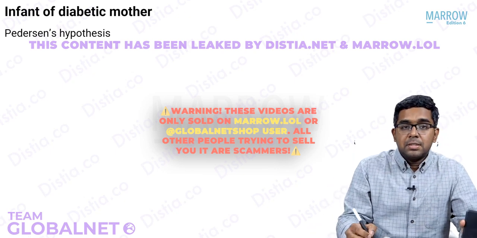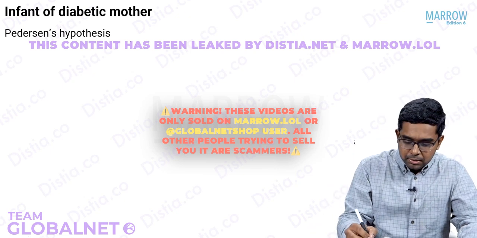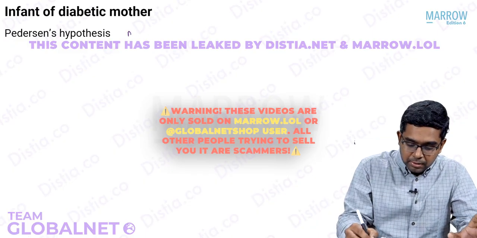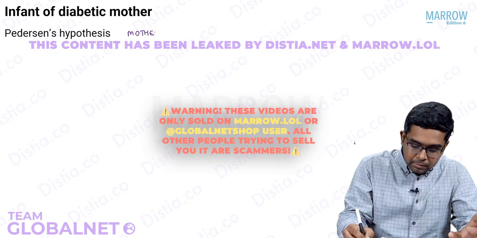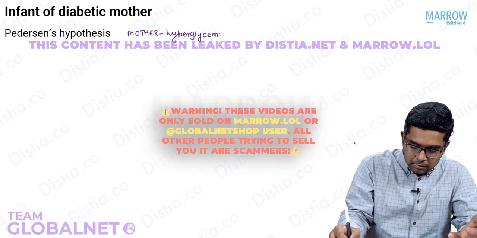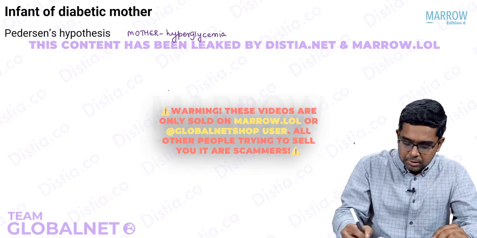All the manifestations in a baby born to a diabetic mother start from the mother herself, where the mother is having hyperglycemia. Due to diabetes, she is having a lot of sugars. Okay? Starts as maternal hyperglycemia.